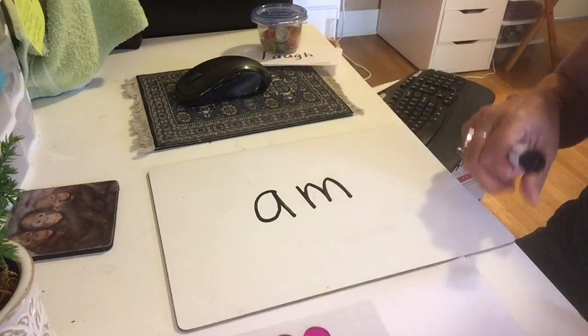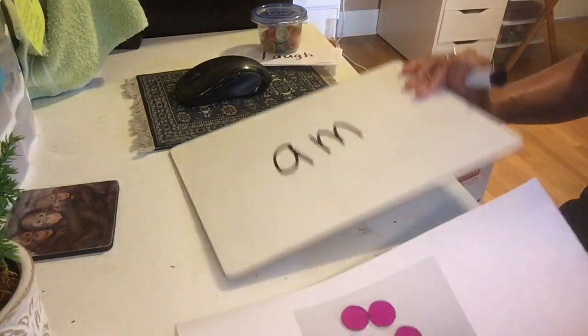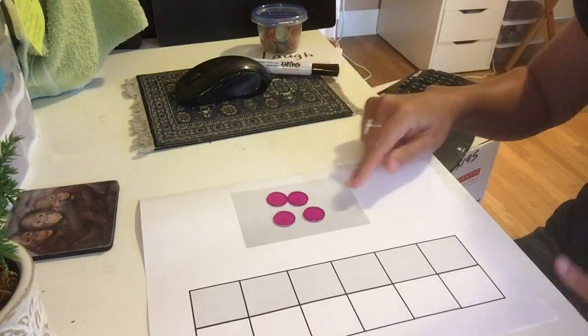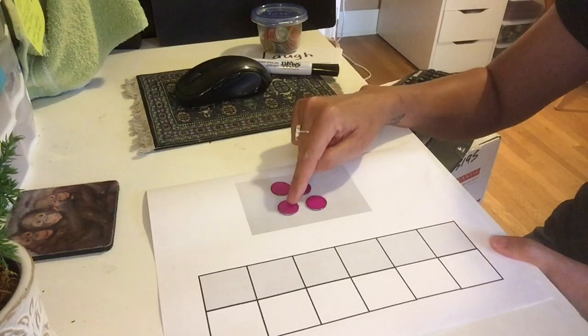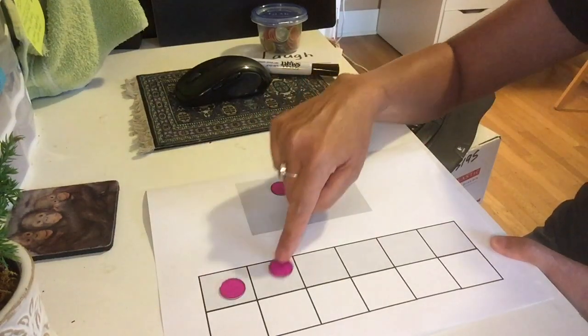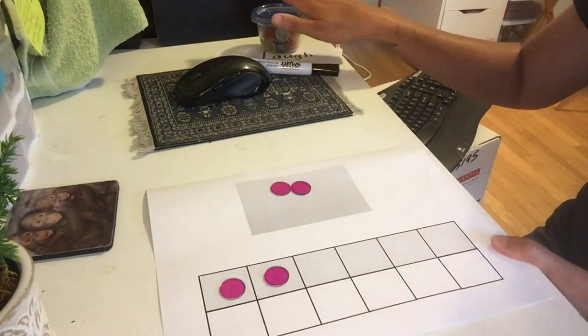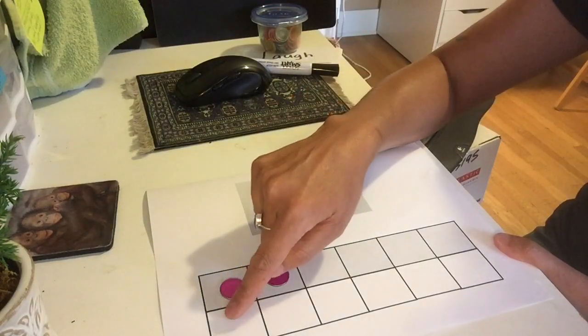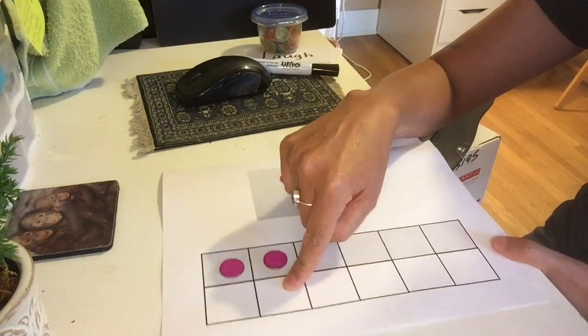Then I would ask the students to say the sounds and move a counter with the sounds. And I would take away that word am, and I would ask them to write out the word am on their map.